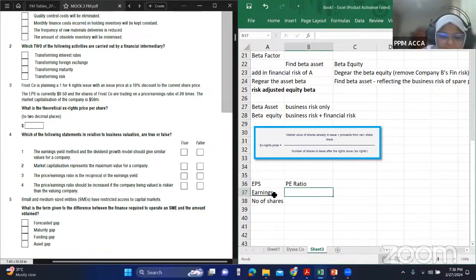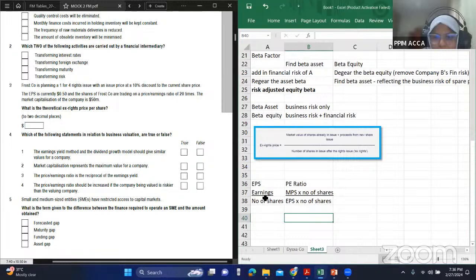If you remember, it is the market price per share. We divide it by the EPS, earnings per share. That's how we calculate PE ratio. Okay. Now, let me just multiply this PE ratio by number of shares. Okay. Because if I multiply the numerator and the denominator, it's essentially the same number of shares.